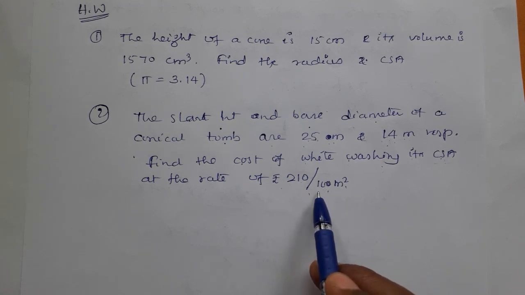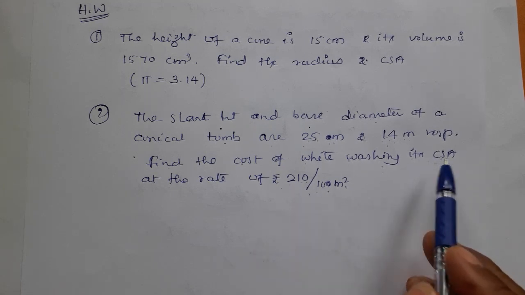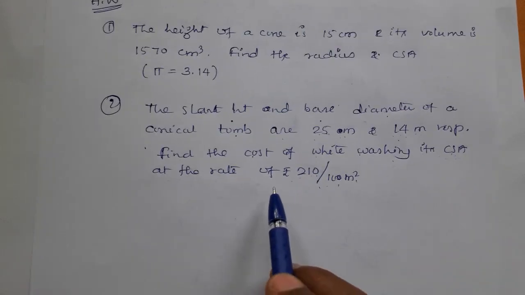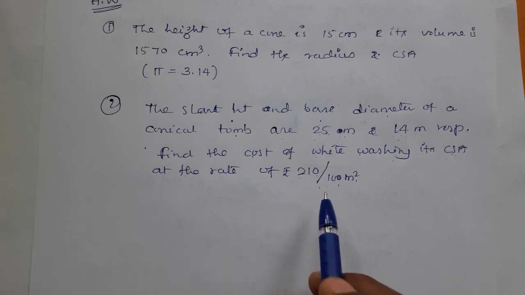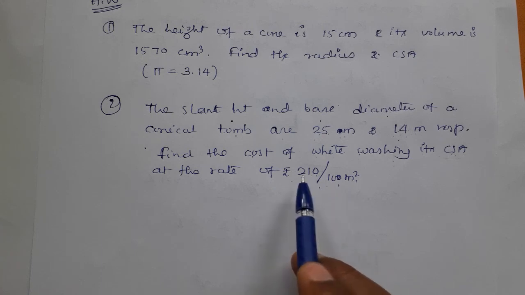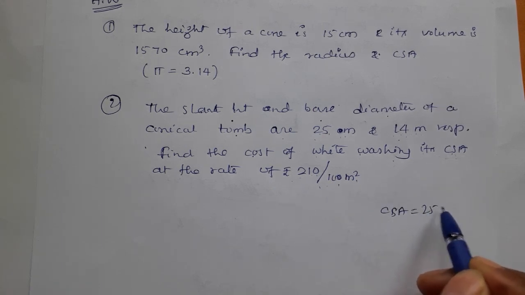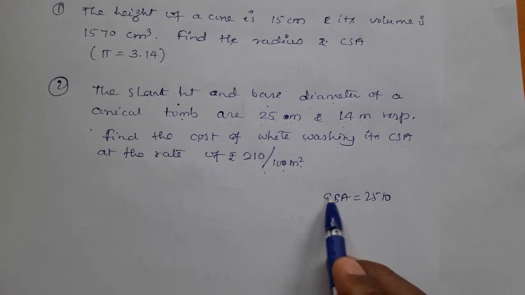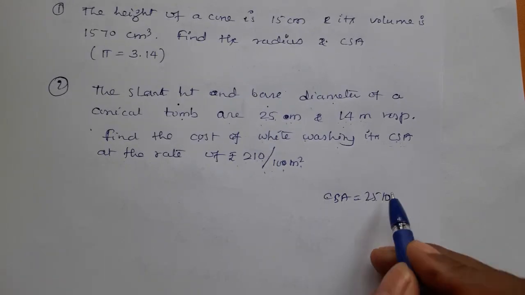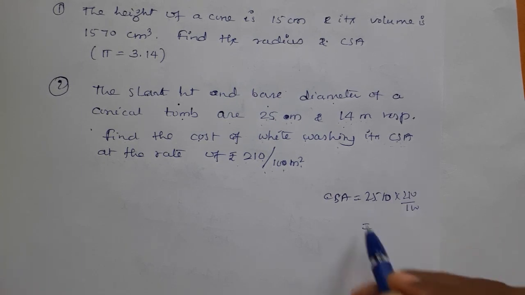That means for every 100 meter square 210 rupees they charge. Suppose curved surface area you get 2510, that directly multiply by 210 by 100 and get the total cost.